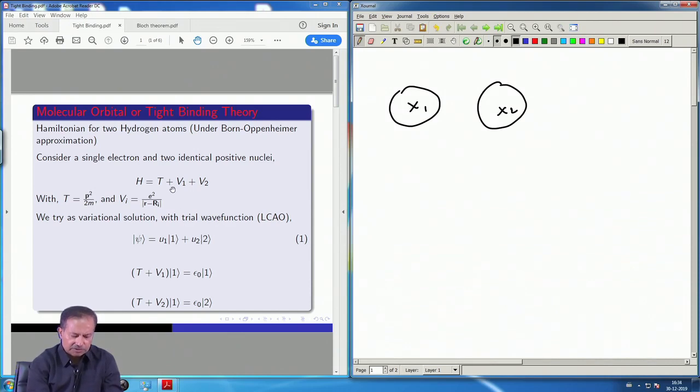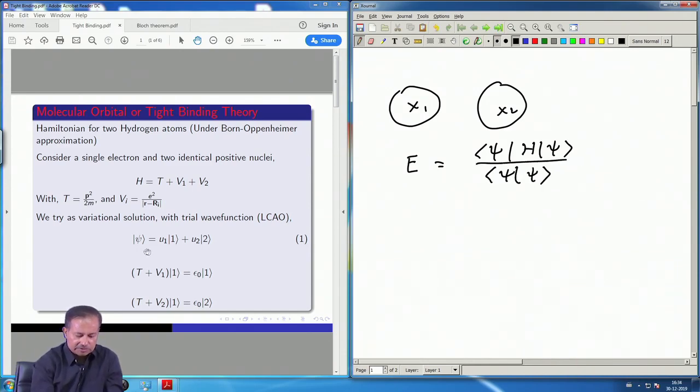Then I can solve for this Hamiltonian by calculating the expectation value of E, which is the variational energy, defined as <psi|H|psi> divided by <psi|psi>. This choice, with coefficients u1 and u2, which I chose to be real, is a linear combination of the two atomic orbitals, and this is in chemistry parlance called the linear combination of atomic orbitals.